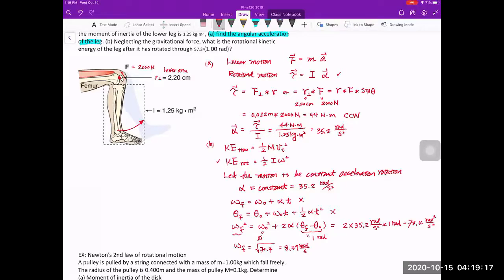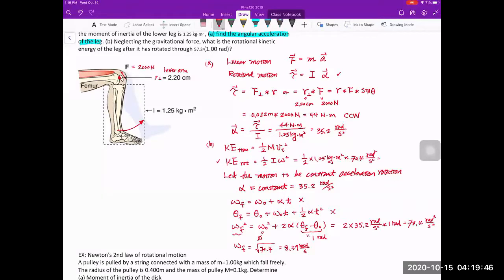But we want to find the kinetic energy, right? So we have an equation over here. This is the kinetic energy. So that will be 1/2 times the moment of inertia, 1.25 kg meter squared, multiplied by, actually, I'm just going to multiply the omega squared, which is 70.4.